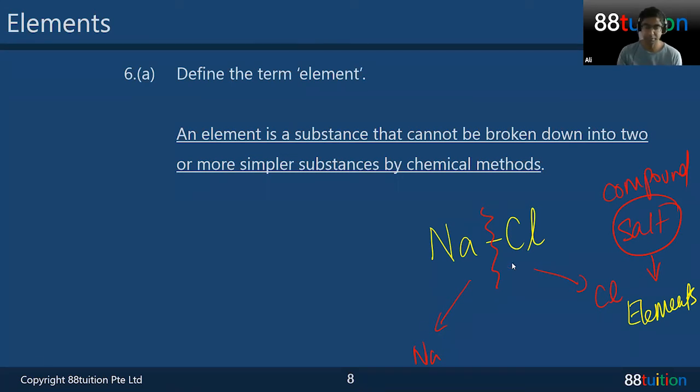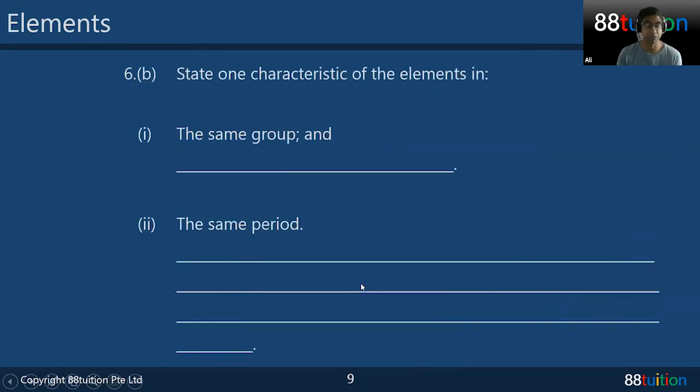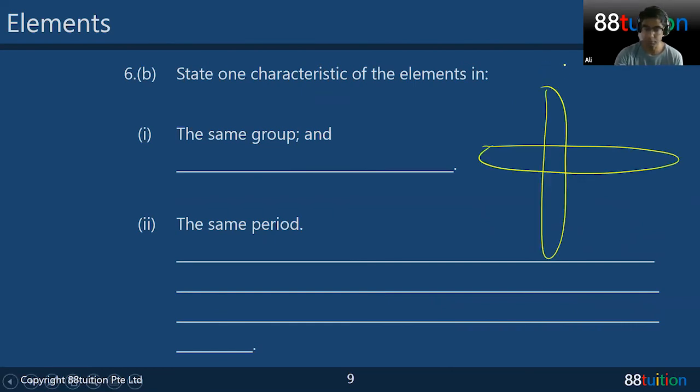Okay, how many are there? That's a question that you may want to have in your mind first. Okay, state one characteristic. Same group will be like that, like a row. Same period will be like that. Sorry, this is group. This is period.